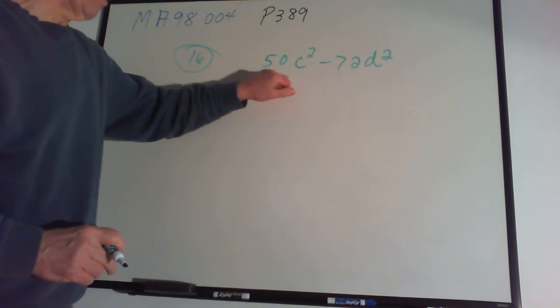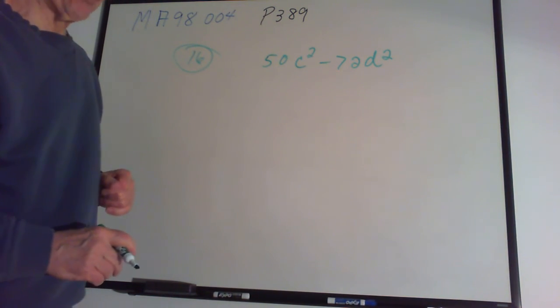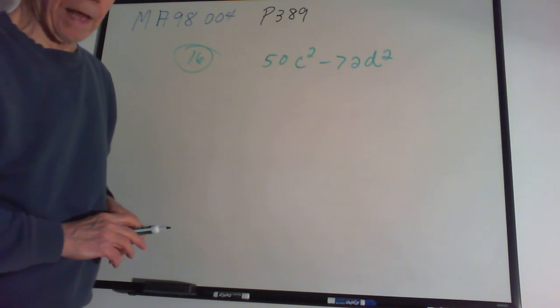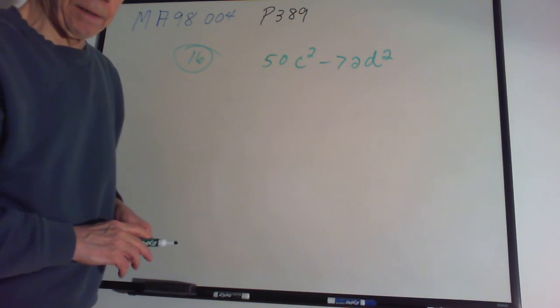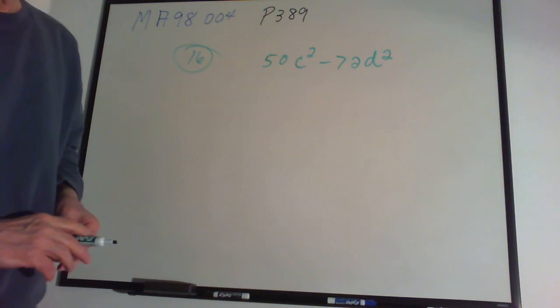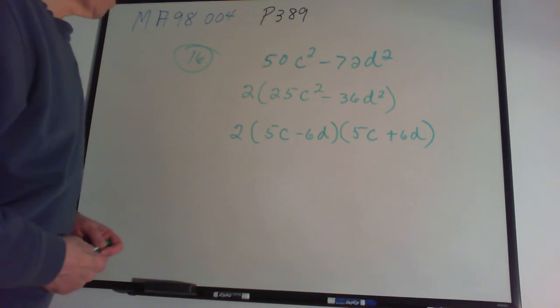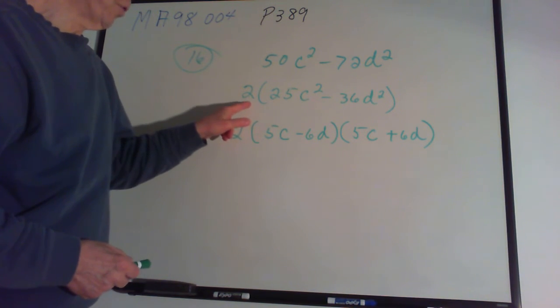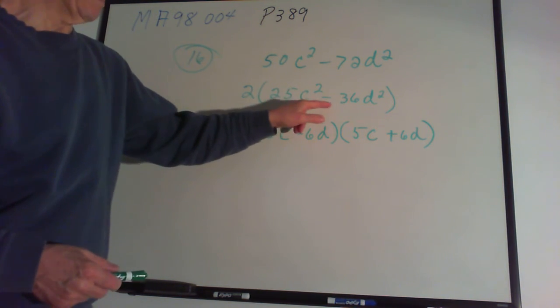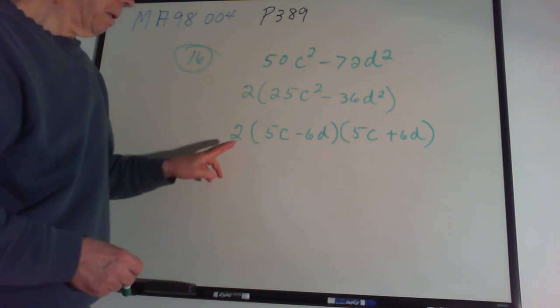Here's number 16. Notice I can divide both numbers by 2. So that's your first step. Go ahead and try it and pause the video, then check your work. Okay, here it is worked out. Factored out a 2, so I get 25c squared minus 36d squared.